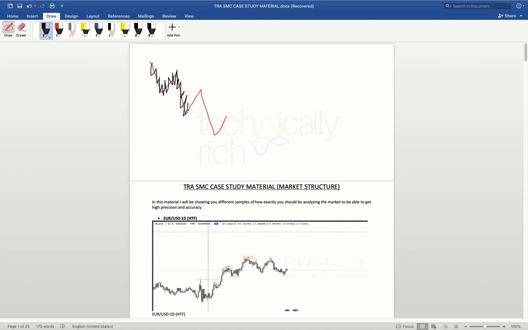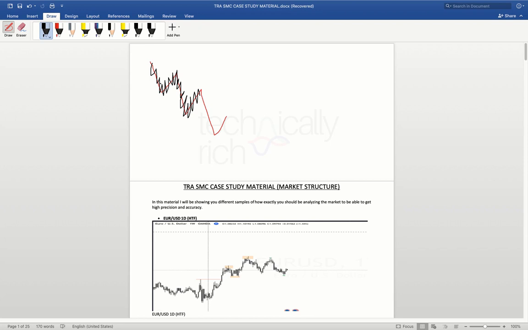If you look closely, you notice in the intraday, which is the black line, we have the market trending downwards as well.